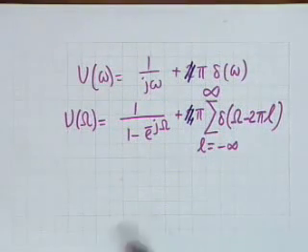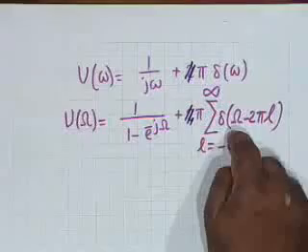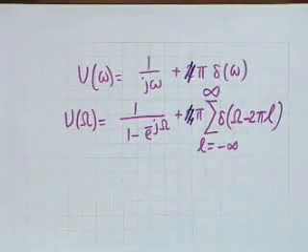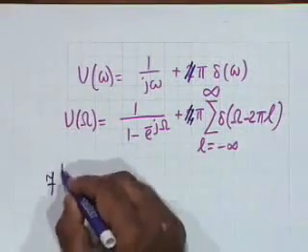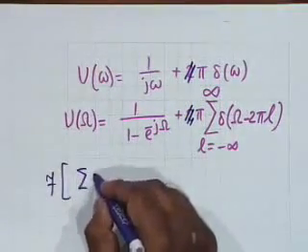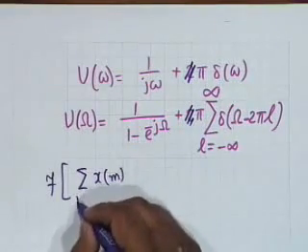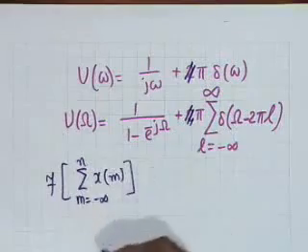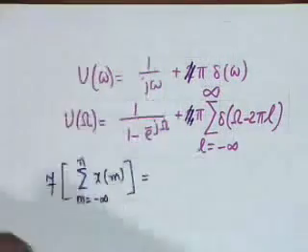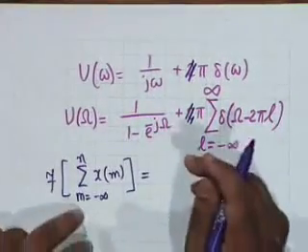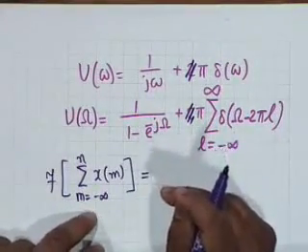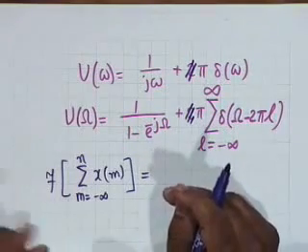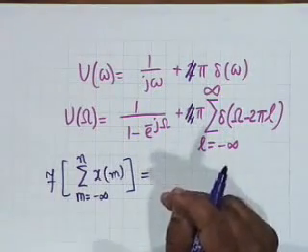Now we shall utilize, as in the continuous time case, this result for finding out the Fourier transform of the summation of x of m from m equal to minus infinity to n. We wanted to find out the Fourier transform of a summation, exactly like we found out the Fourier transform of an integration.